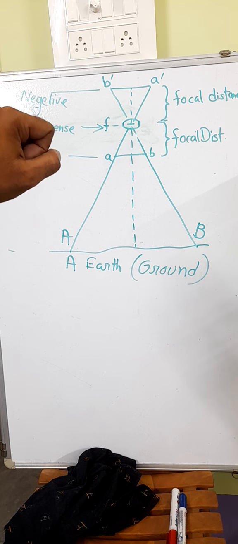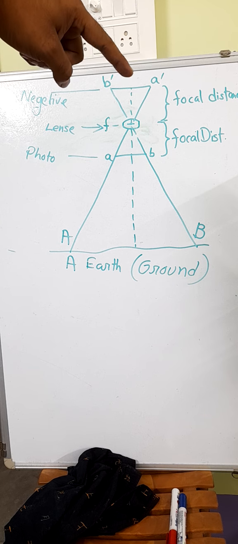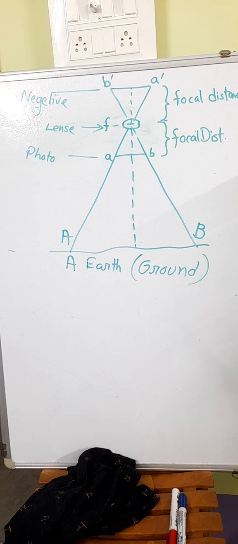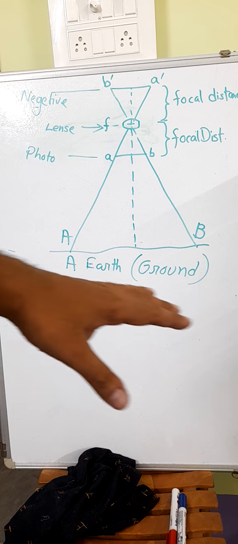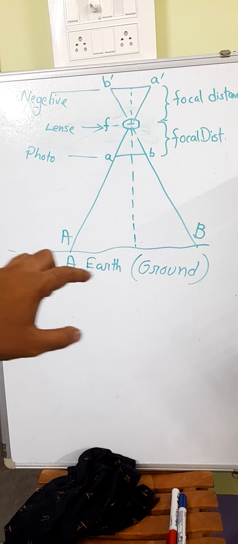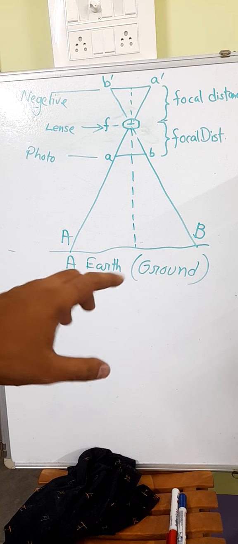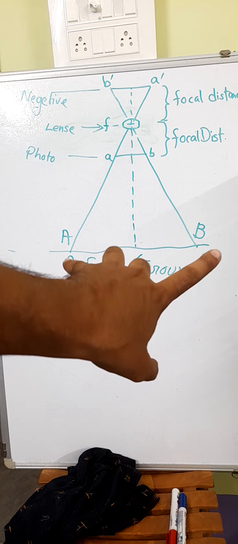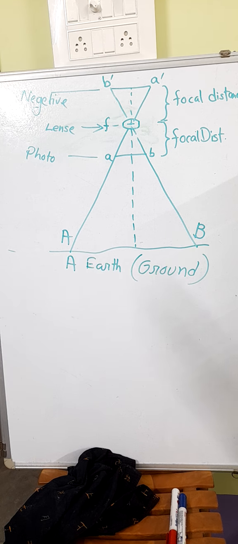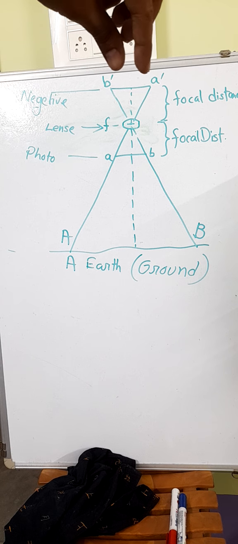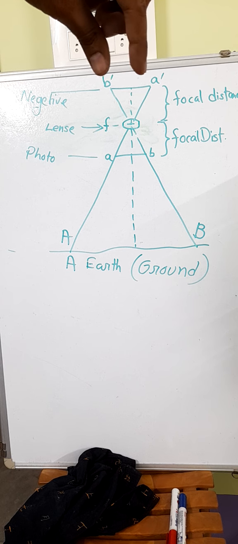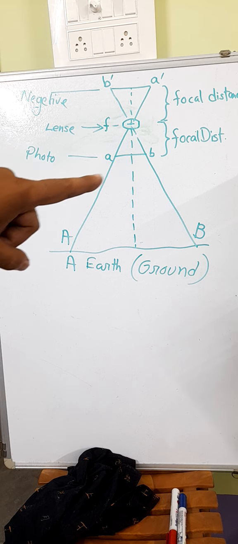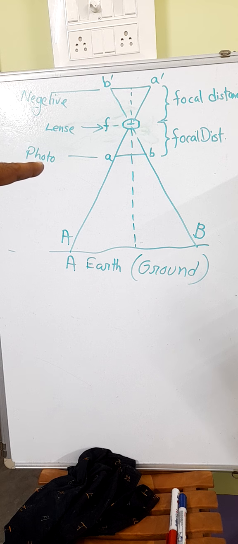This is our negative, that means the photographic negative, on which we capture a particular segment of the earth's surface. After due course of time, we develop this negative into a positive thing, and that positive thing will be known as the photograph.